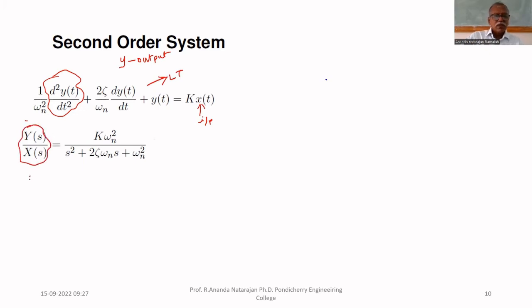So how you will get: 1 upon omega n square, s square y of s plus 2 zeta upon omega n, s y of s plus y of s equal to k x of s.